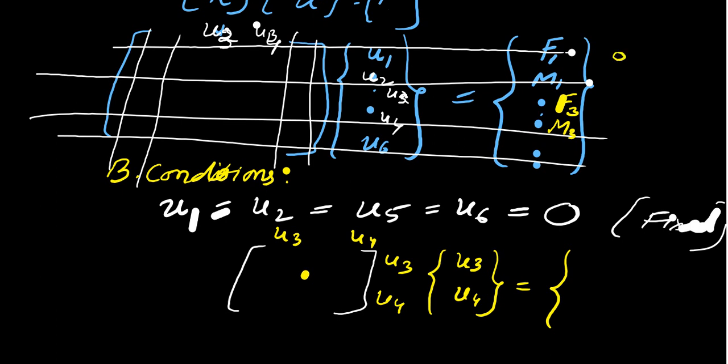For node 2 it will be WL by 2 for F, and the moment will be WL square by 12.